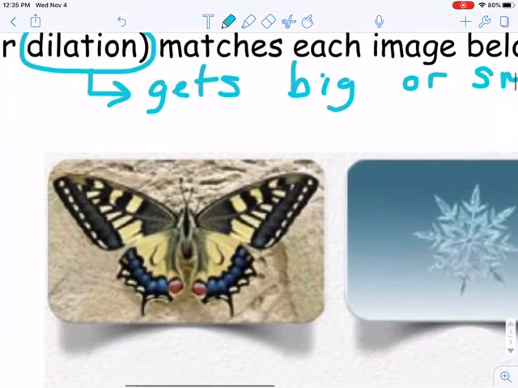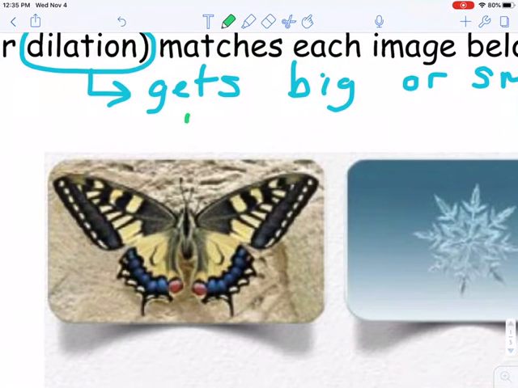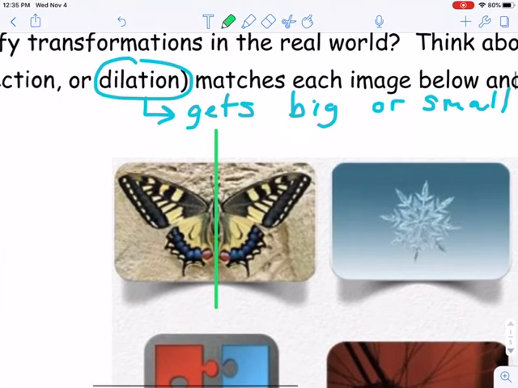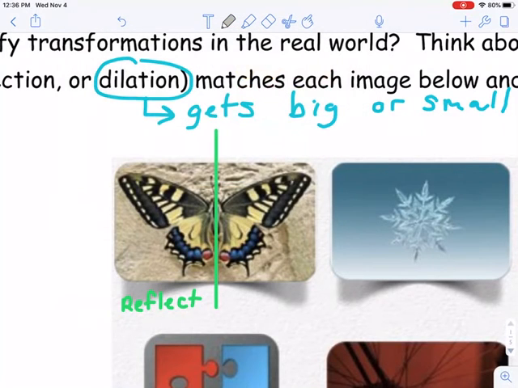All right, so this is actually from your iBook, what I stole this out of, but I wanted to talk about it. This right here is a butterfly or a moth. This is an ugly butterfly, but this would have a reflection. We can reflect the butterfly over that line and it would look the same. Here's a snowflake, okay?